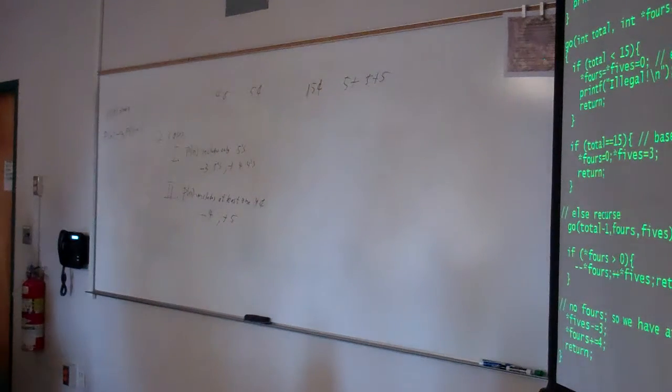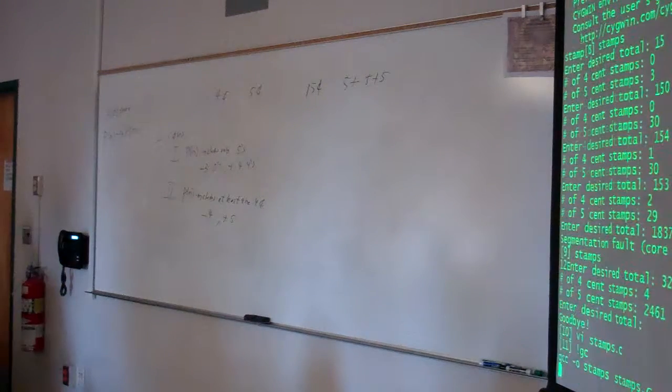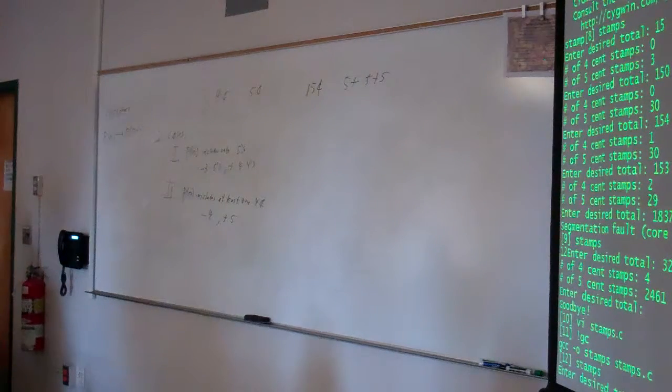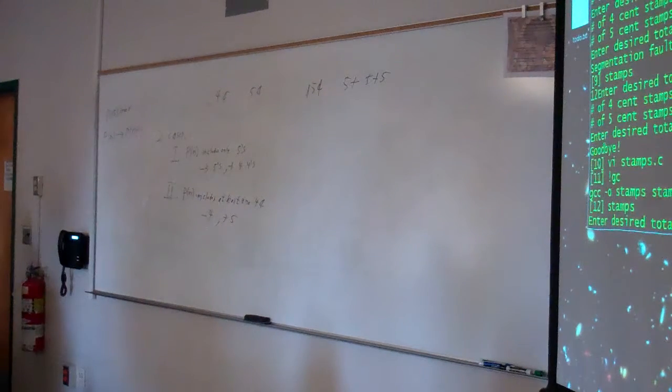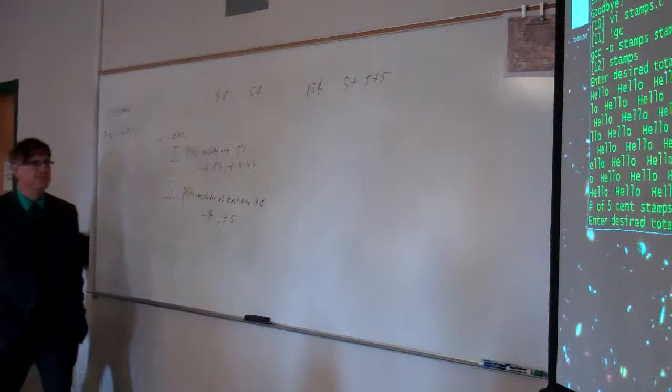And if I put a print message in here, just to print out the word hello every time that I call my go routine, and I run this and try to find the total for, I don't know, 101, it called my go routine a whole bunch of times before it found this solution.